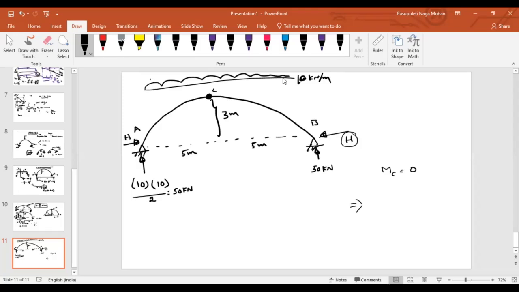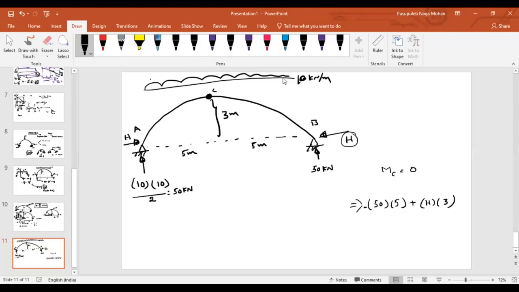50 into 3... Because of 50, what is the moment? 50 into 5, anti-clockwise, right? Anti-clockwise is negative. Minus 50 into 5. Plus, because of the horizontal reaction, H into the perpendicular distance, 3 meters, anti-clockwise.